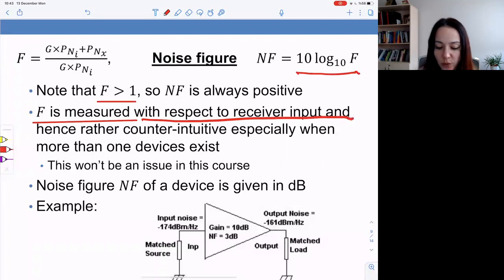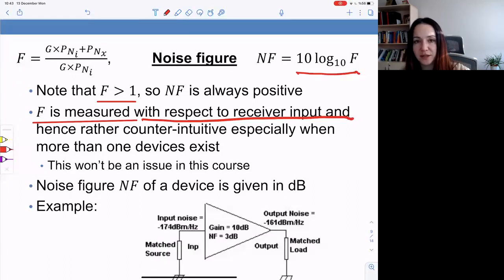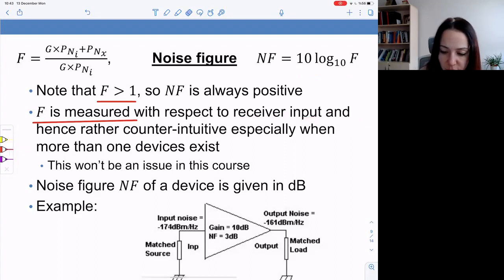Okay, so basically, even if there are multiple cascaded stages, the noise factor of the second stage is computed not with respect to the output noise of the first stage, but it is computed with respect to the overall system input. I'll make it clearer in a few minutes.